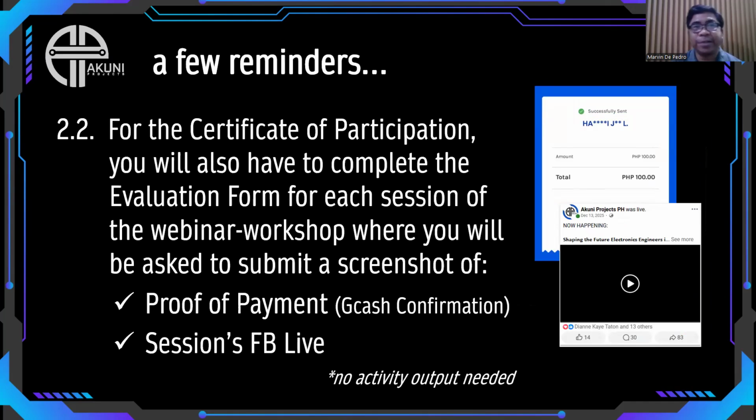Unlike this one, for the certificate of participation, you will also have to complete the evaluation form, the same evaluation form, one for each session of the webinar workshop, where in each evaluation form, you will be asked to submit a screenshot of two things: the proof of payment, or your screenshot of your GCash confirmation, and the screenshot of this session.